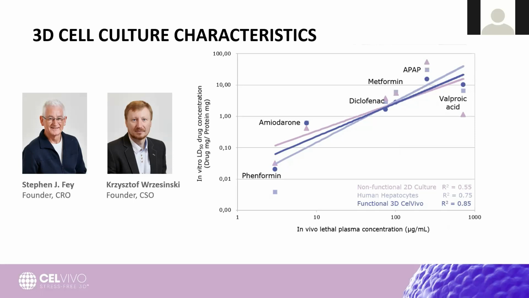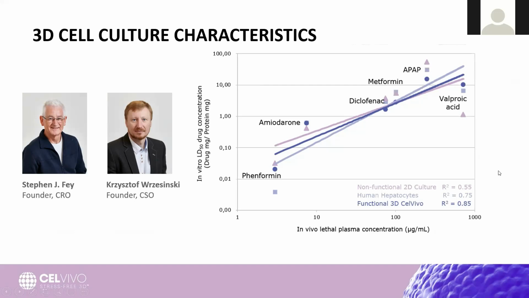And they have published numerous studies characterizing this liver model. One of them is this study where they have looked at the 3D CelVivo liver model and compared it to primary hepatocytes and a novel 2D cell culture. The 2D cells here and the 3D cells are actually the same type of cells.